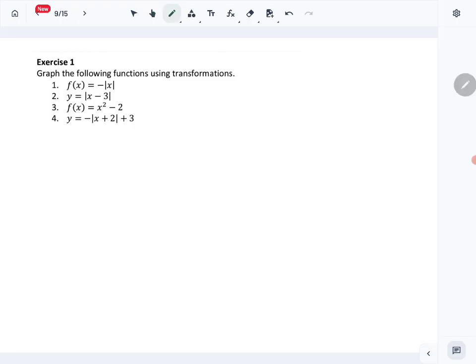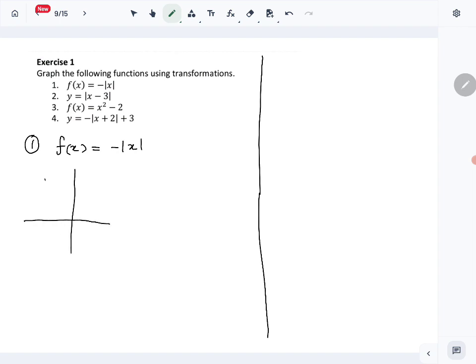Okay, so we want to draw first f(x) equals minus absolute value of x. Then what is the parent curve? Parent curve is the modulus curve. That one we know, no? This is the graph of the modulus function. So what is the transformation applied here? You have multiplied it by a minus sign. So that is what?